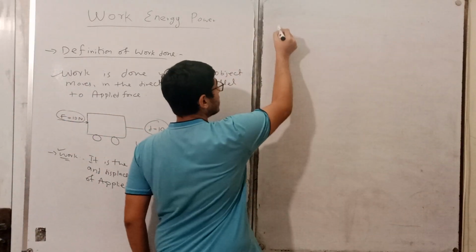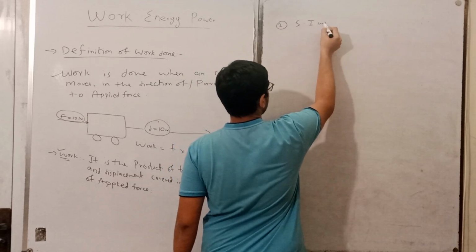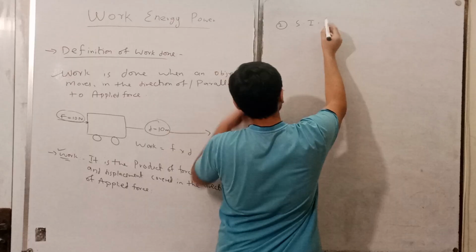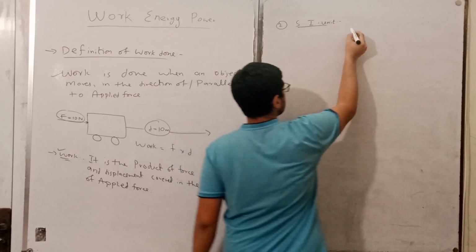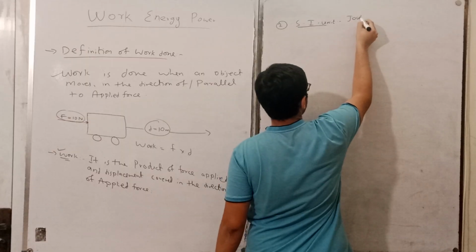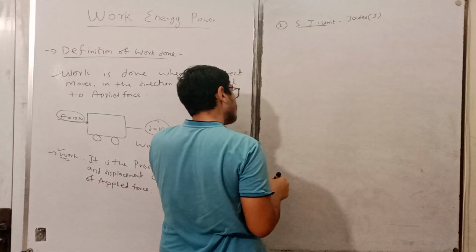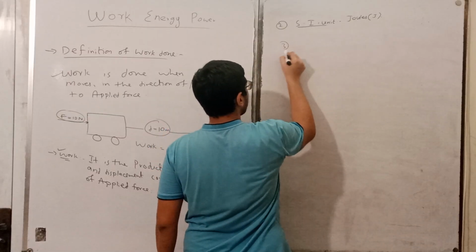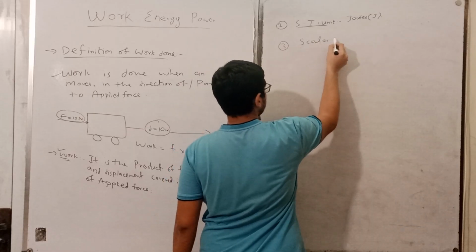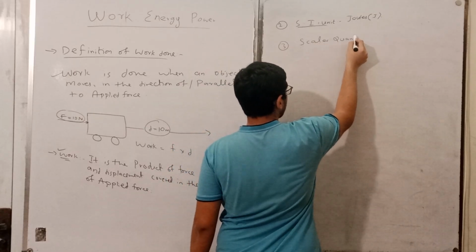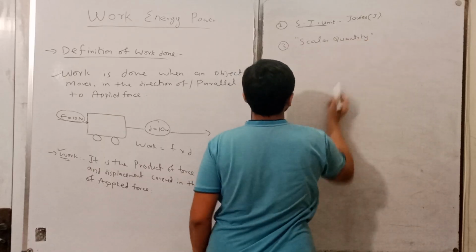Now, the second important point is that the SI unit of work is joules, that is capital J, and work is a type of scalar quantity because it has no specific direction and it has only magnitude and unit.